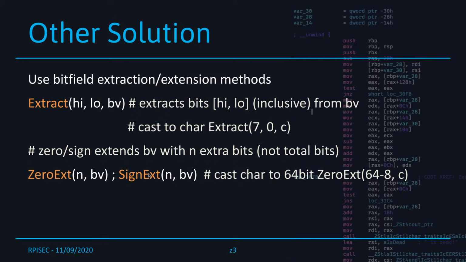And then we can sign extend those, and we can zero extend those. So we're basically saying we care about these 8 bits, but we are padding that out to a 64-bit bit vector here. So we're going to end up with the first 8 bits matching that bit vector, and then the others are all 0.